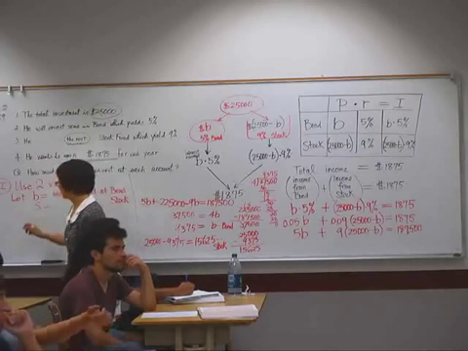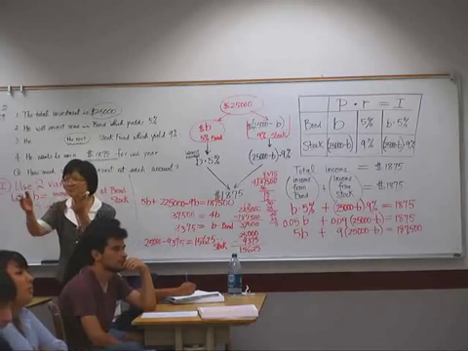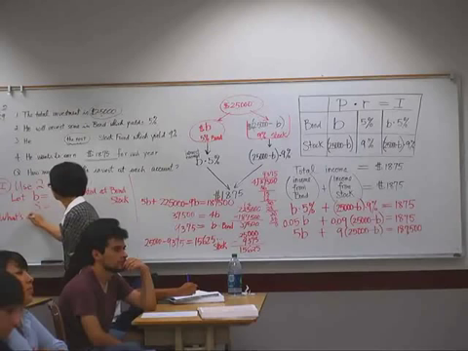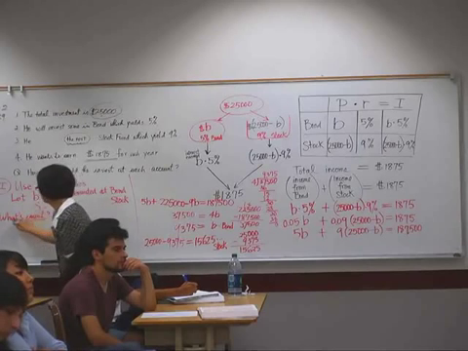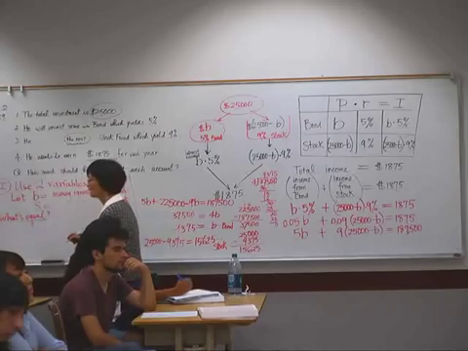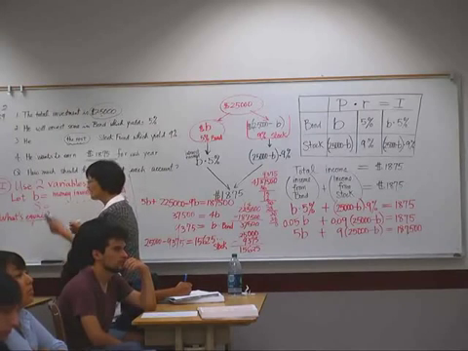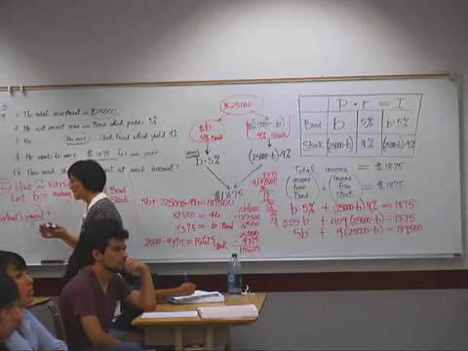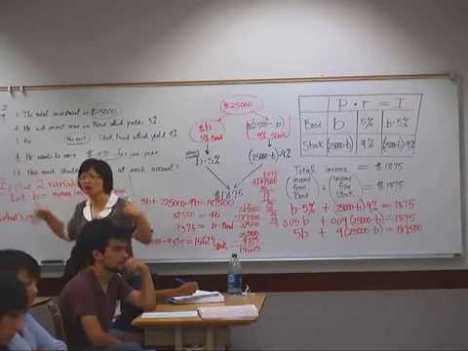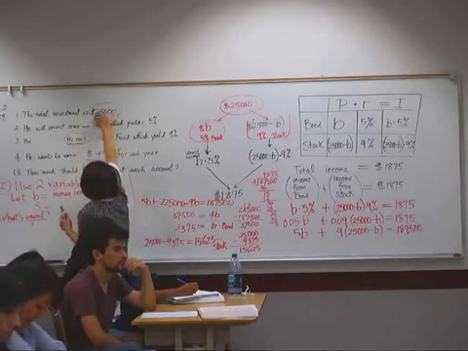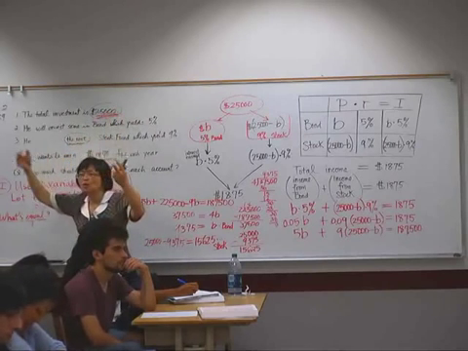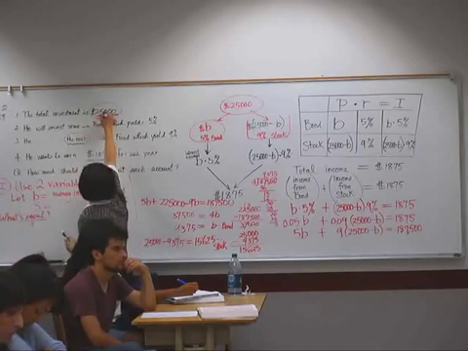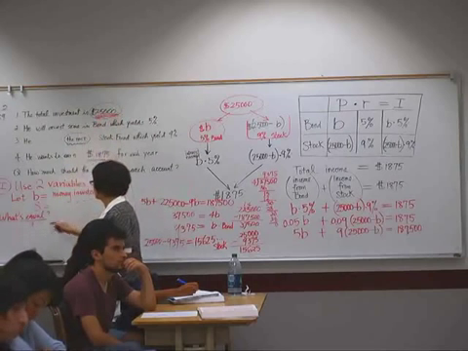Okay, what is equal? 1875 is what? The total income equal to 1875, right? That's how much you earn. What else is equal? The total money should be what? 25,000. The total investment is 25,000.